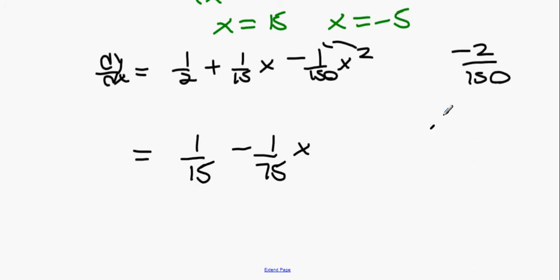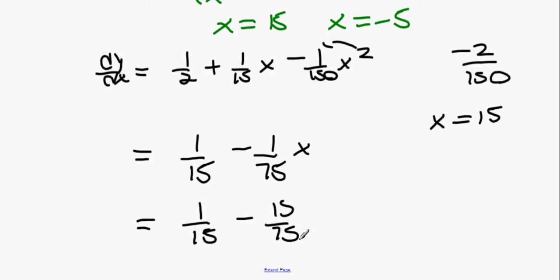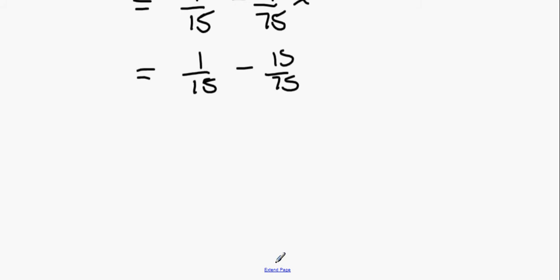Now I'm going to replace x with 15 and see what happens. I'm going to get 1/15 minus 15 over 75. What we can find out about that is that it's going to be a 15th minus a 5th, and that's going to be less than 0 because a 5th is bigger than a 15th.